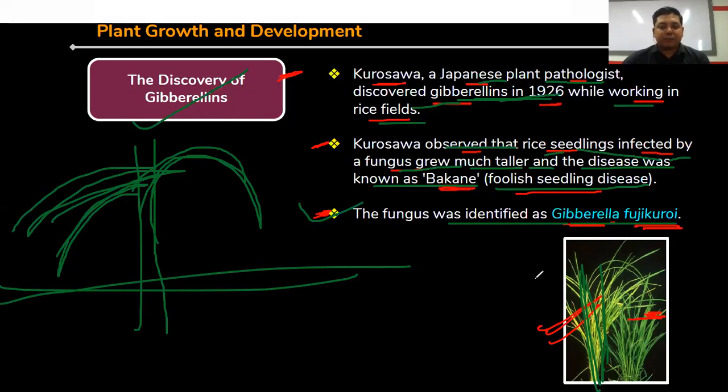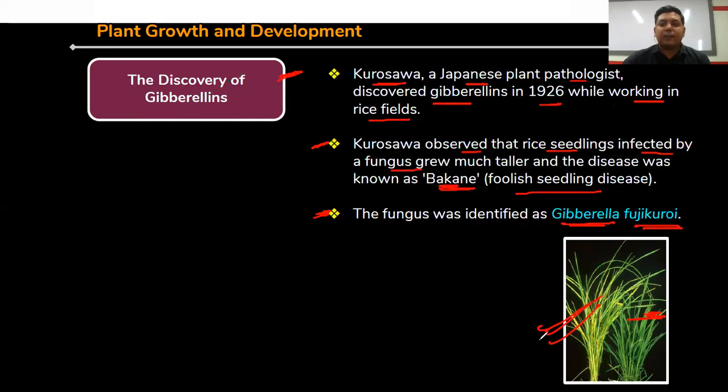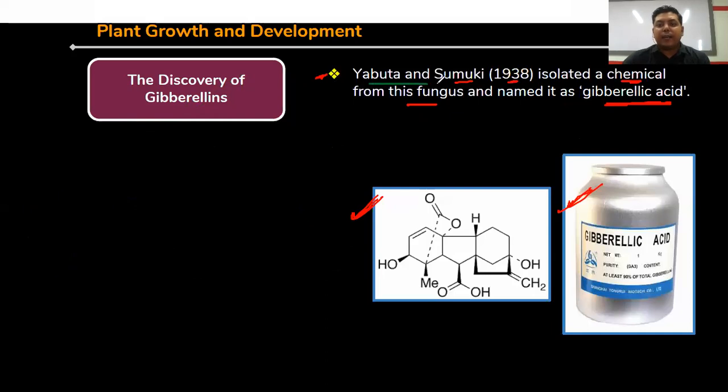So here, this disease was caused by a fungus known as Gibberella fujikuroi. And finally, after Kurosawa, Yabuta and Sumiki in 1938 isolated a chemical from this fungus and the name is gibberellic acid or gibberellin. Clear?